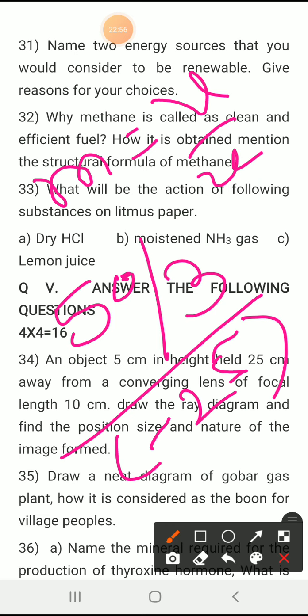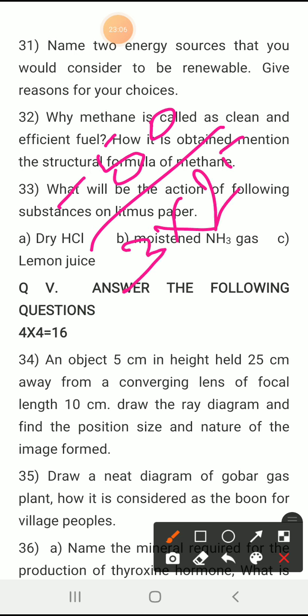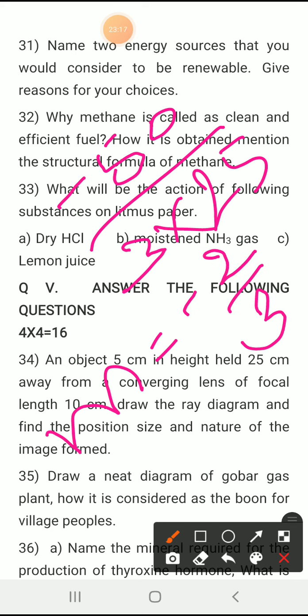When I solve it, it comes as minus 50 divided by 3 into 25, which is nothing but m equal to minus 2 divided by 3.